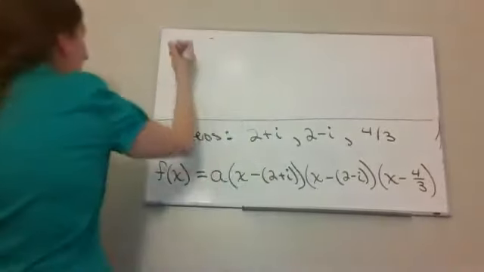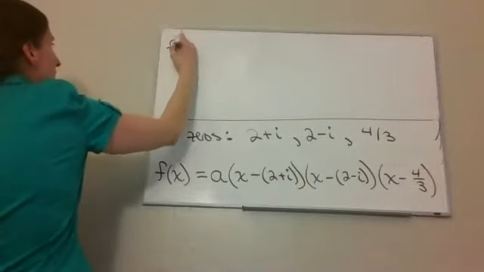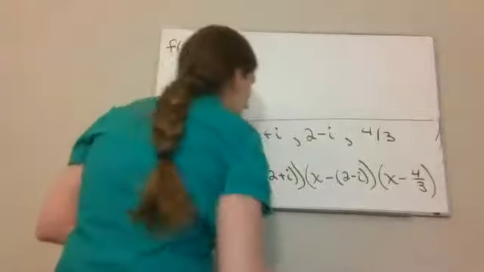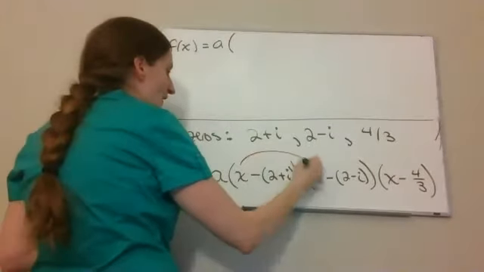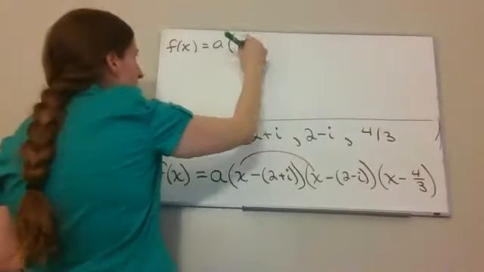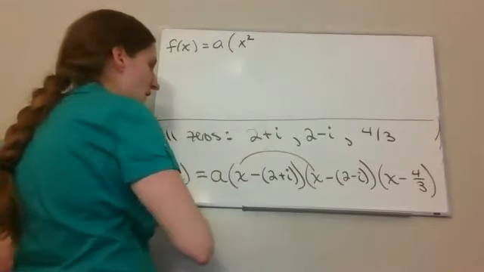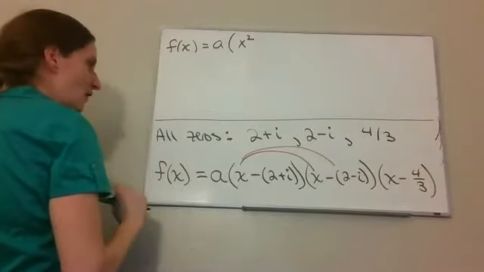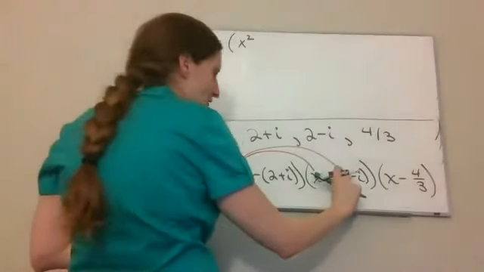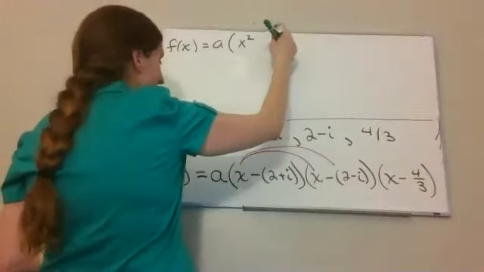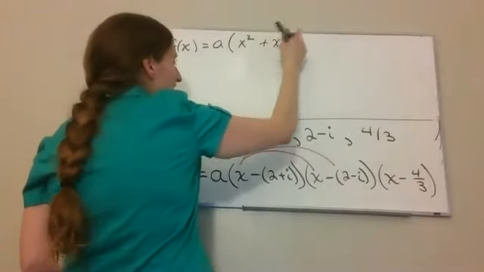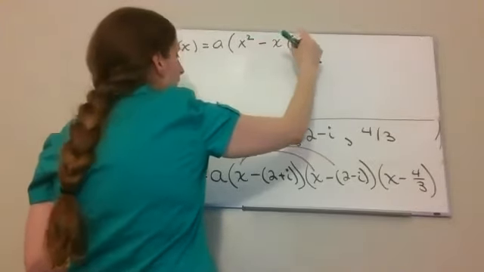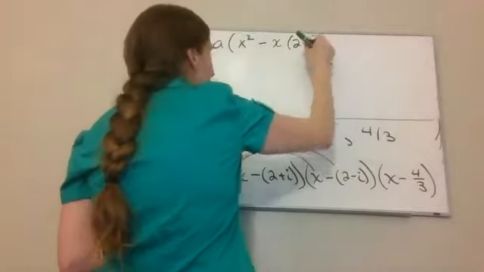So I'm going to have f of x equals my a times, I have x times x, that's x squared, x times negative 2 minus i. Wow, that was a mouthful. So that's x times a negative, so that makes it minus x with a 2 minus i.